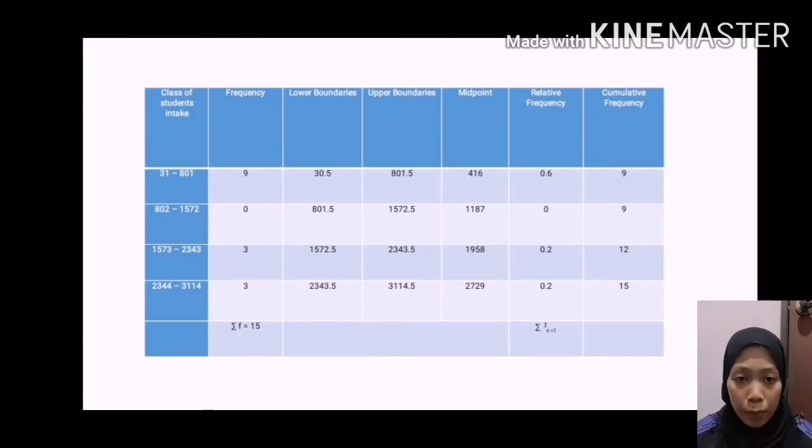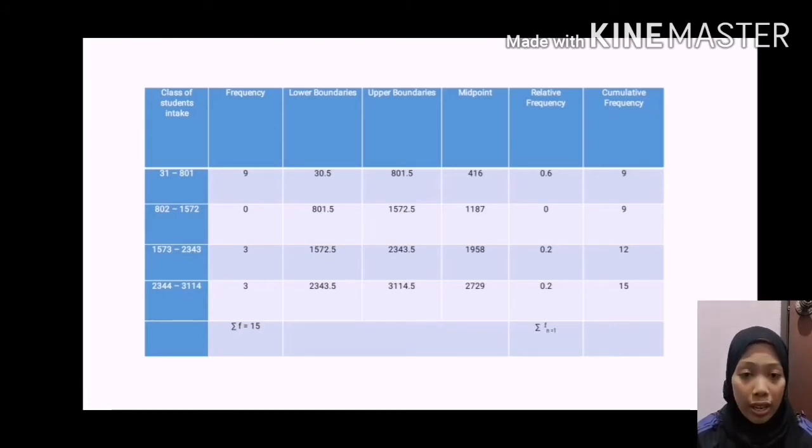So the midpoint is 416, 1187, 1958, and 2729. And the next is calculate the relative frequency.